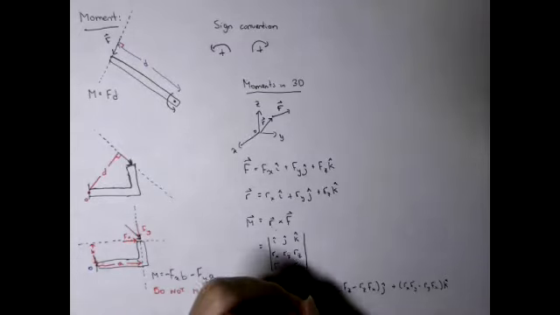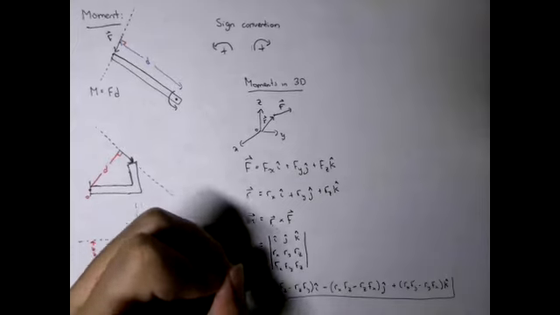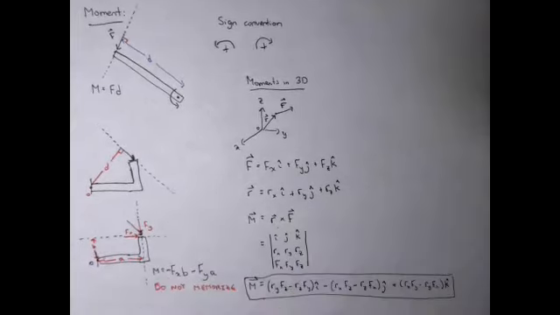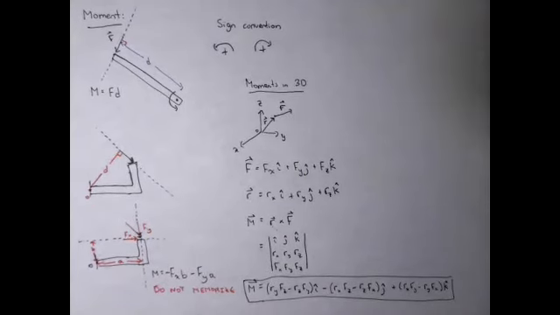And this, we mentioned, was the expression for the vector form of a moment. Now, as long as you know how to solve cross products, you should be able to come out to this equation.